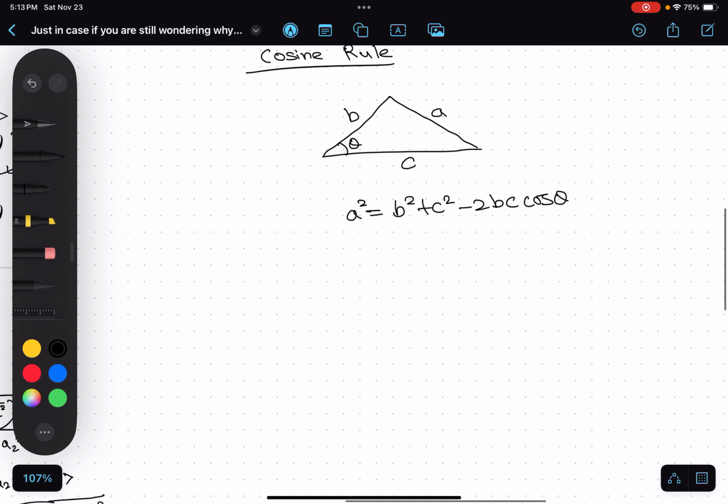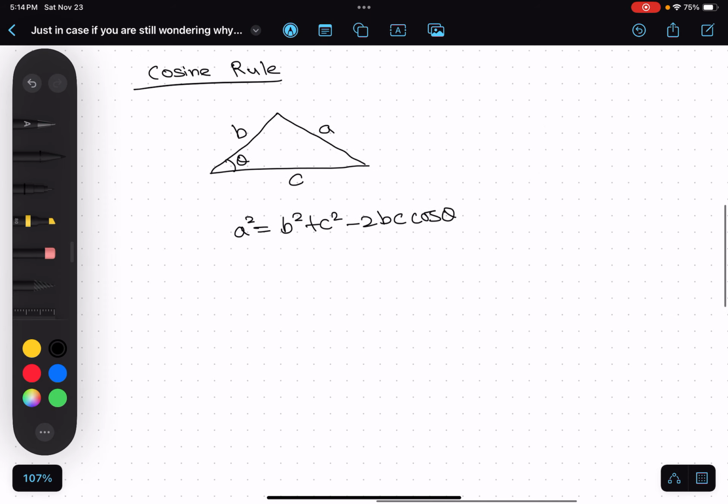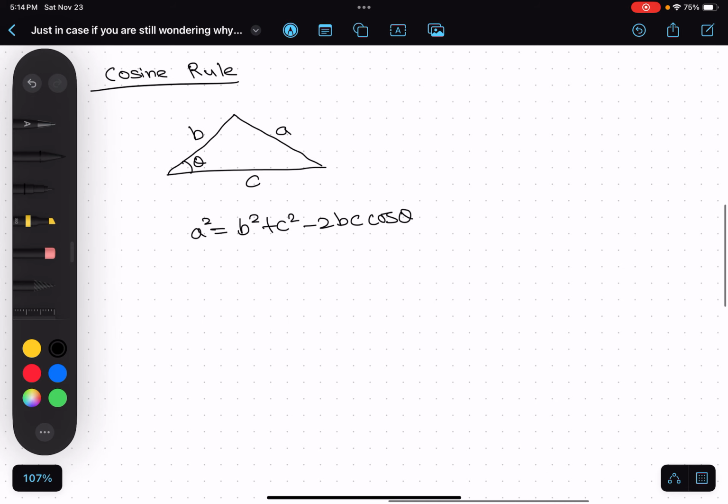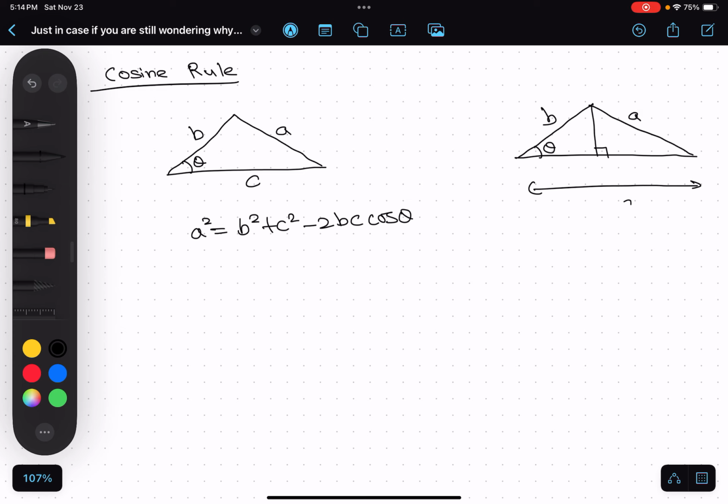Now, if you want to prove this formula, it would not be that hard, I guess. Okay, so this is our theta, right? Now you can probably make a triangle over here. We have A, B. You have this whole side as C, right? Now maybe you can make this x and this c minus x.